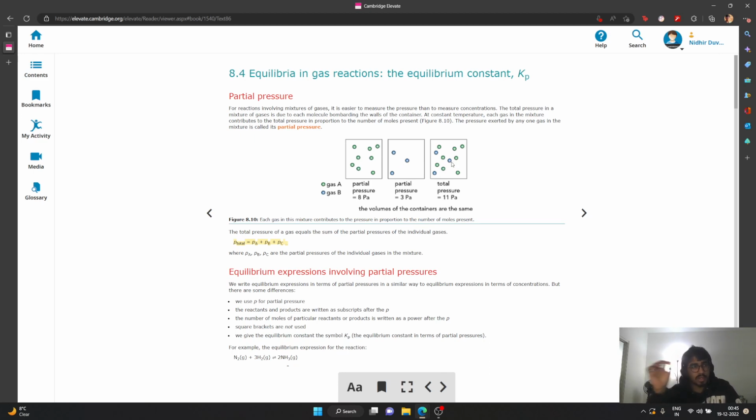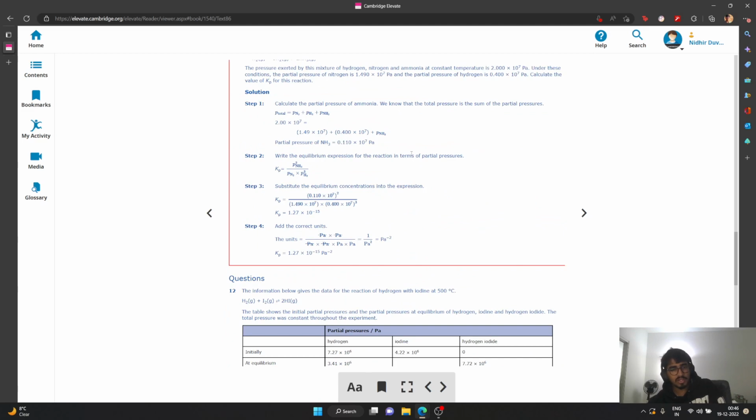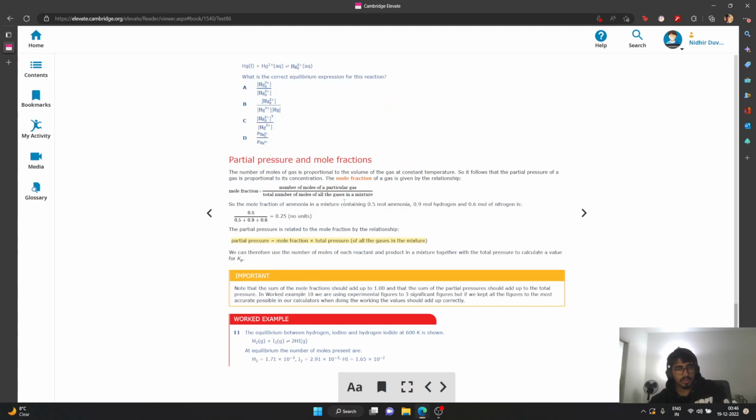So in terms of number, you can find the ratio in terms of mole fraction also. So what is mole fraction? Mole fraction is nothing but the number of moles of one gas divided by the total number of moles present in all of the gases. So maybe you have 0.5 moles of this, 0.9 of gas B and 0.6 of gas C.